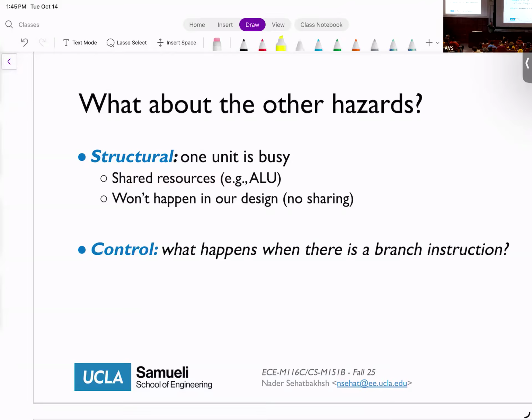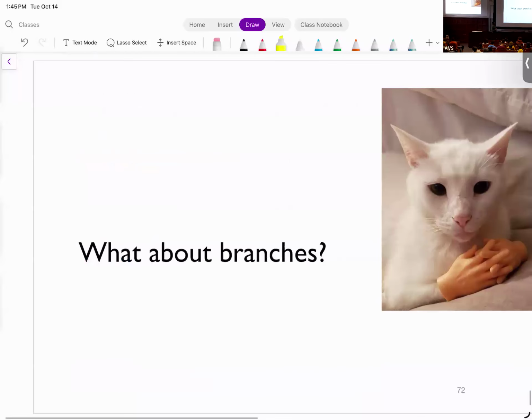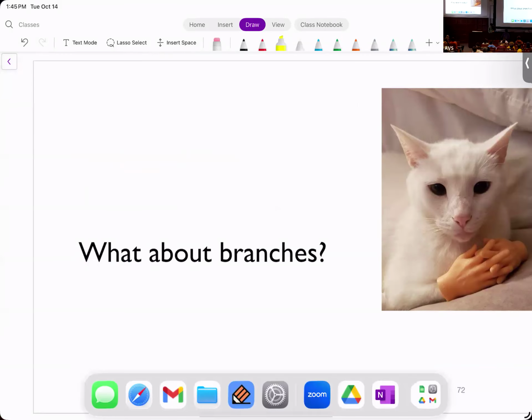In our design, this won't happen because we always make sure that everything is available. So you're not going to see structural hazards in our design, but if the design is very low power, for example, then you might see a structural hazard. But the bigger problem is when we have branches, and that's what we're going to talk about next time. So see you next time.